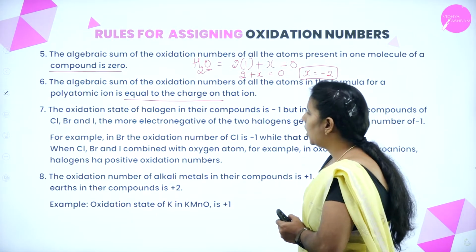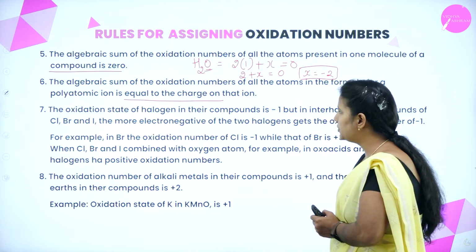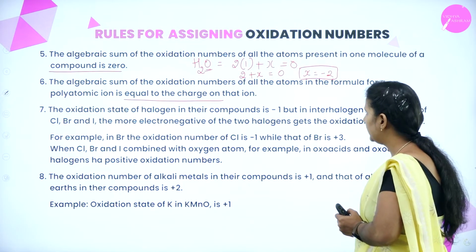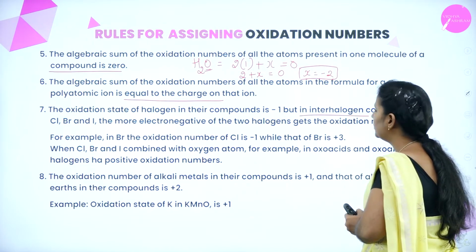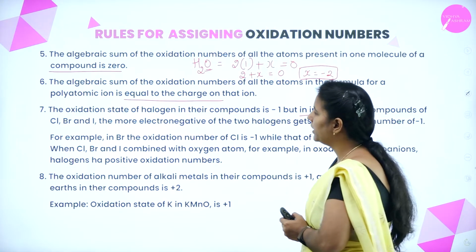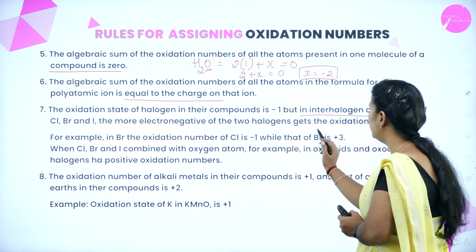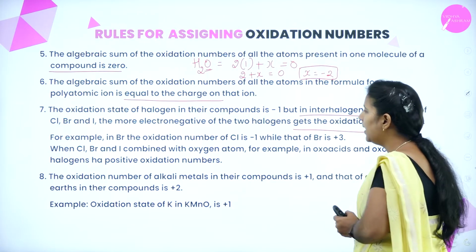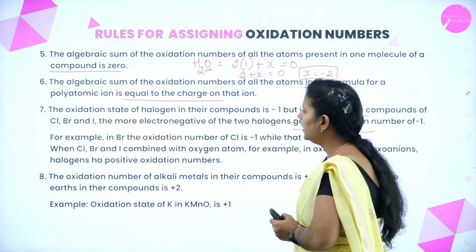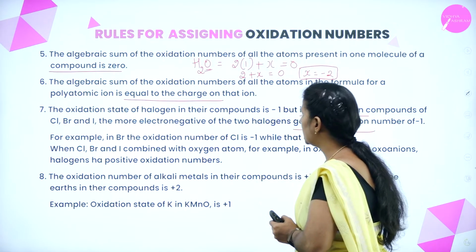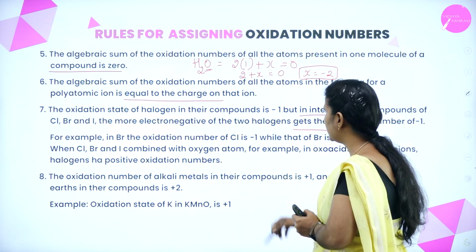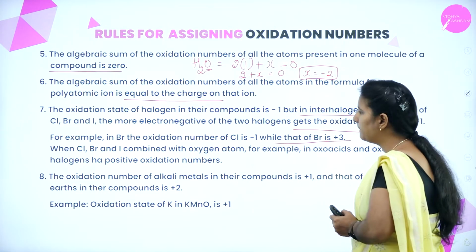Okay. Next, the oxidation state of a halogen in its compounds is -1, but in interhalogen compounds of chlorine, bromine and iodine, the more electronegative of the two halogen atoms gets the oxidation number -1. For example, in bromine chloride, the oxidation number of chlorine is -1 while that of bromine is +3.